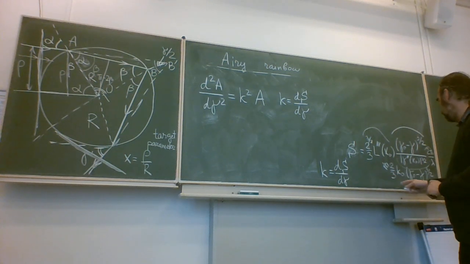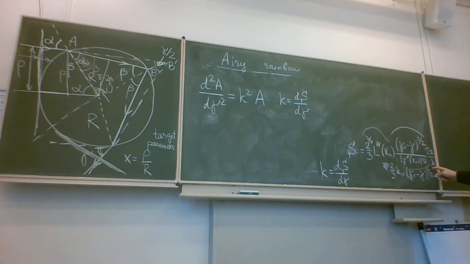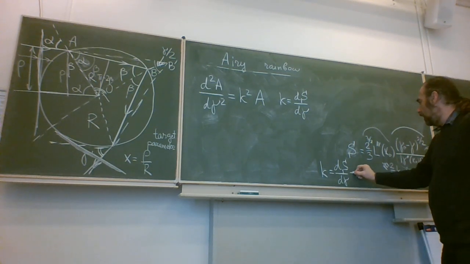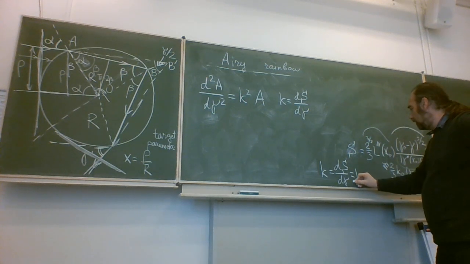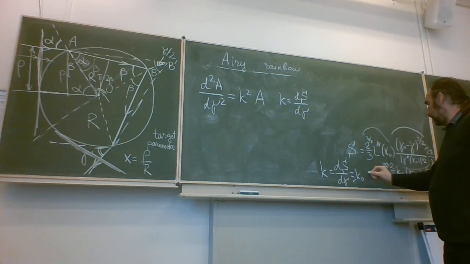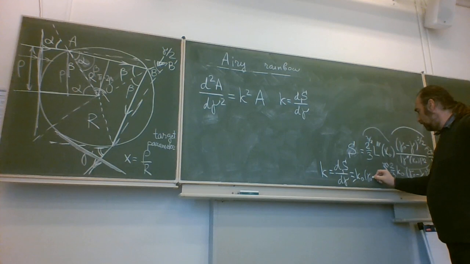Now if I take the derivative, I get 2/3 which cancels with the 3/2. So I am at k naught times gamma naught minus gamma to the power 1/2.